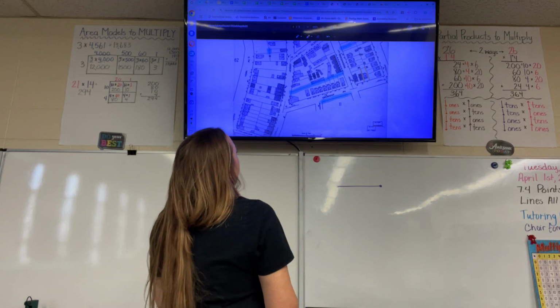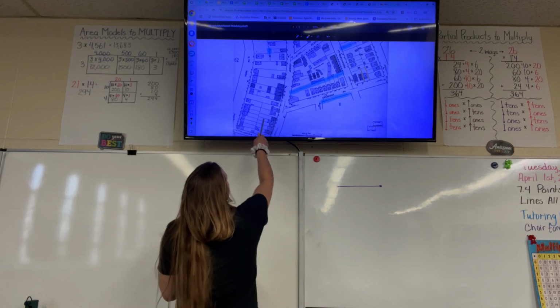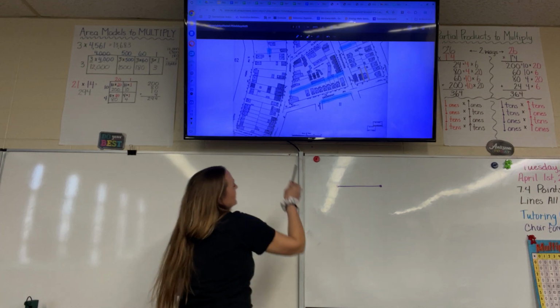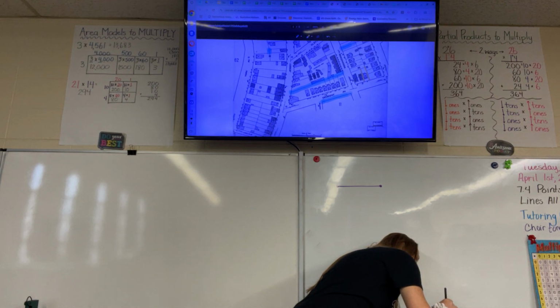Okay. Those are parallel. If I go over here, these are also parallel. So this one and this one appear to be parallel.